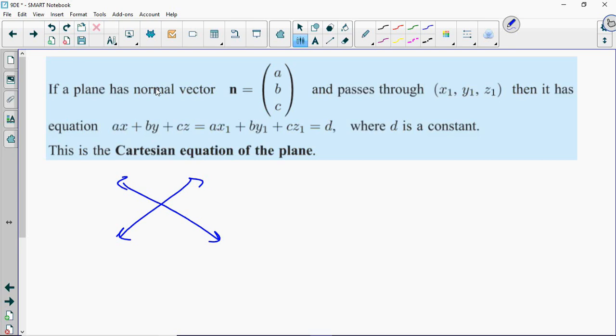What's the equation of a plane? Well, it turns out we can find it as ax plus by plus cz equals d, where what is d? It's that number a times the x-coordinate of some point on the plane, plus b times the y-coordinate of some point on the plane, plus c times the z coordinate of some point on the plane.